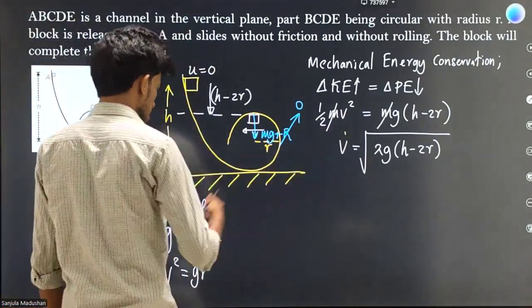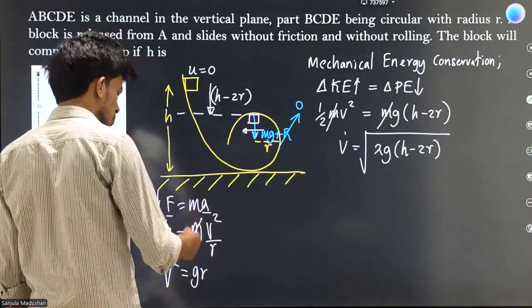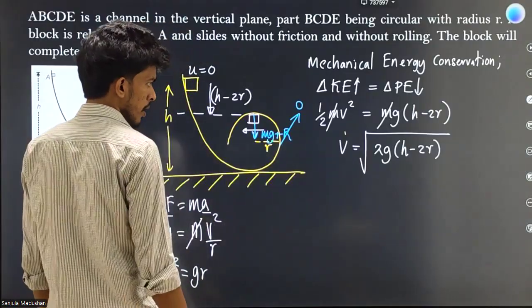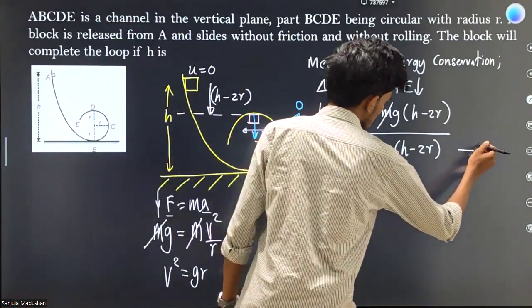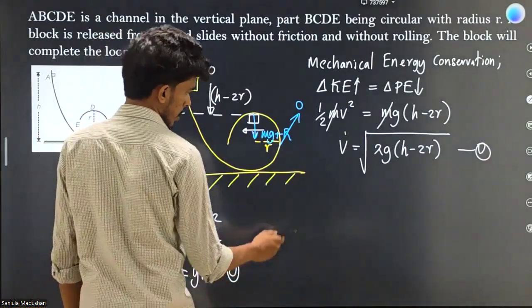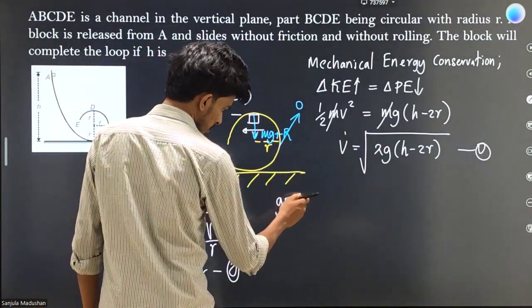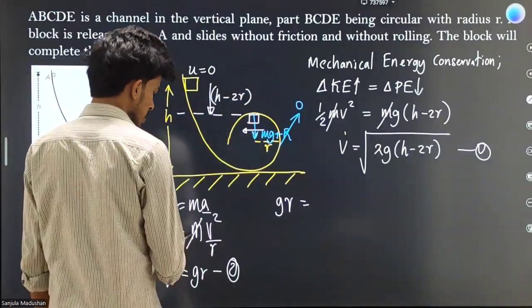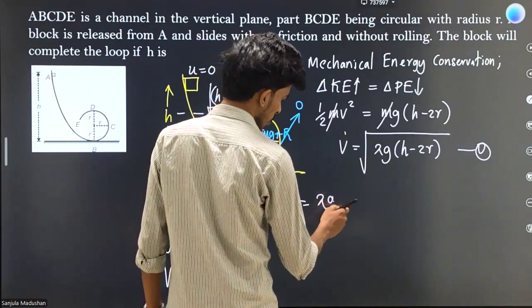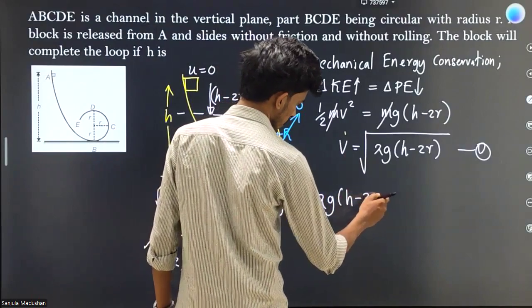So if I combine those two expressions, I have an expression for the velocity here, and also an expression for the velocity here. If I combine these two equations, here v squared equals gr, and also here v squared is equal to 2g into h minus 2r.